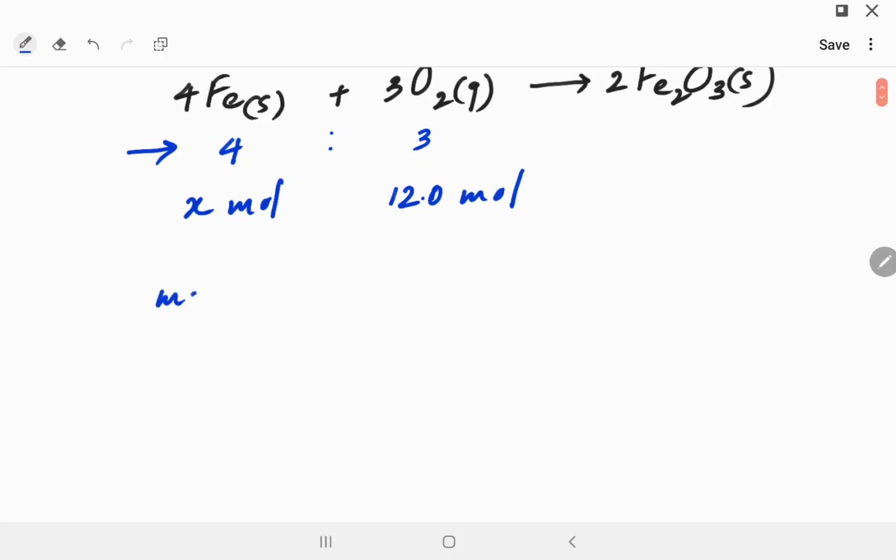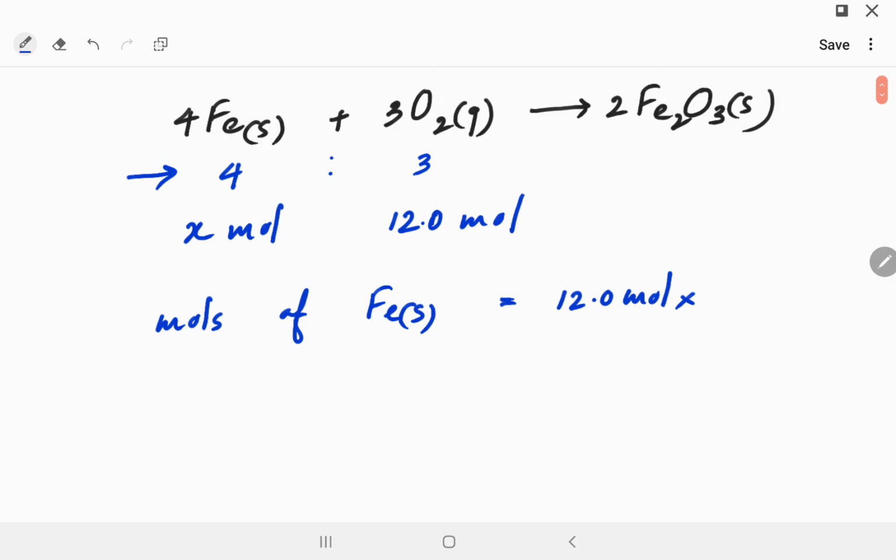What we need is moles of iron. What we have is 12 moles of oxygen, and then we will multiply what we have by a mole ratio generated by using the coefficients of iron and oxygen.